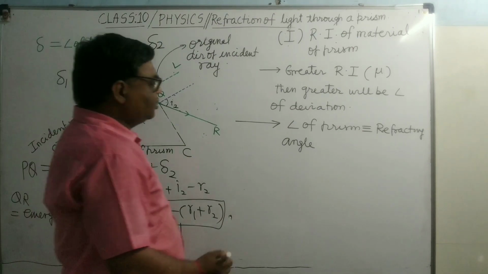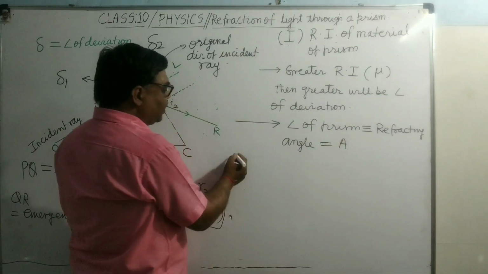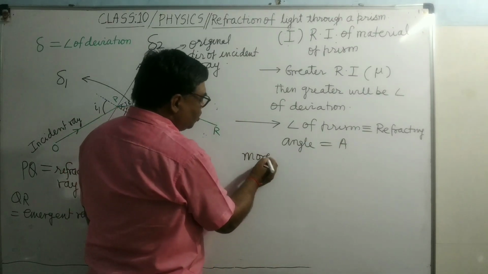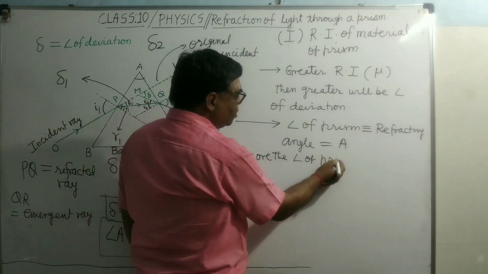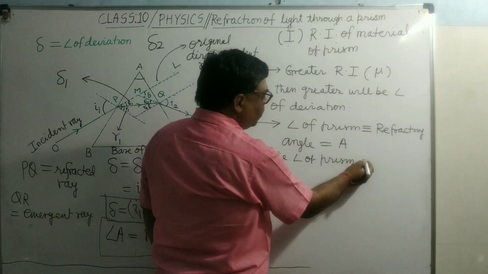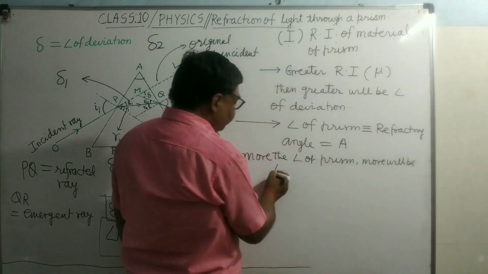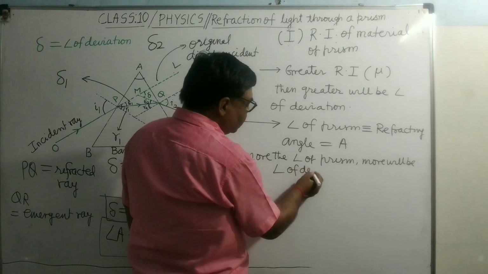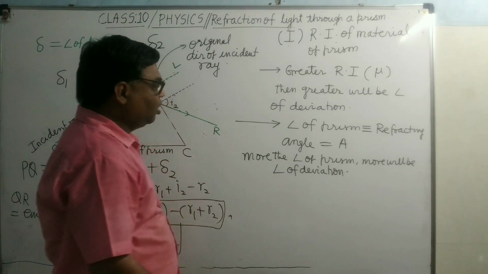It's clear? So the more the angle of prism, the more will be the angle of deviation.